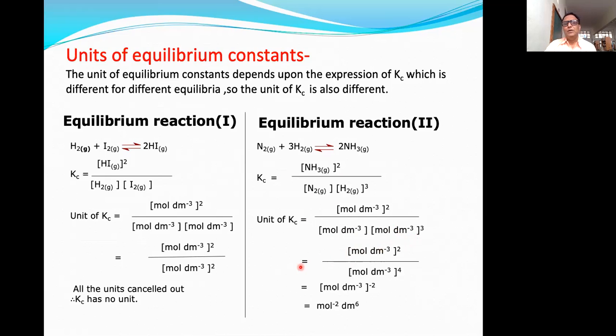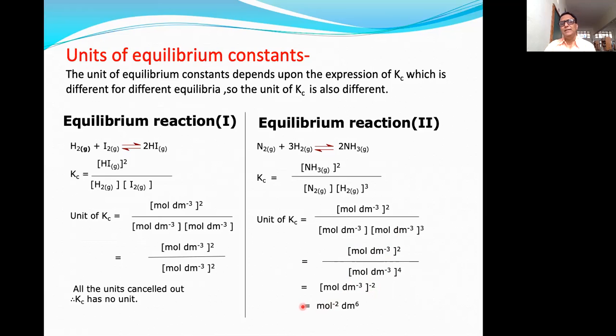So again you can write Kc equal to, in bracket, mole per cubic decimeter raised to 2 divided by, here 3 plus 1 is 4, so divided by mole per dm cube raised to 4. So what is remaining? If you take this from here in the numerator, it will be minus. So 2 minus 4, that is minus 2.